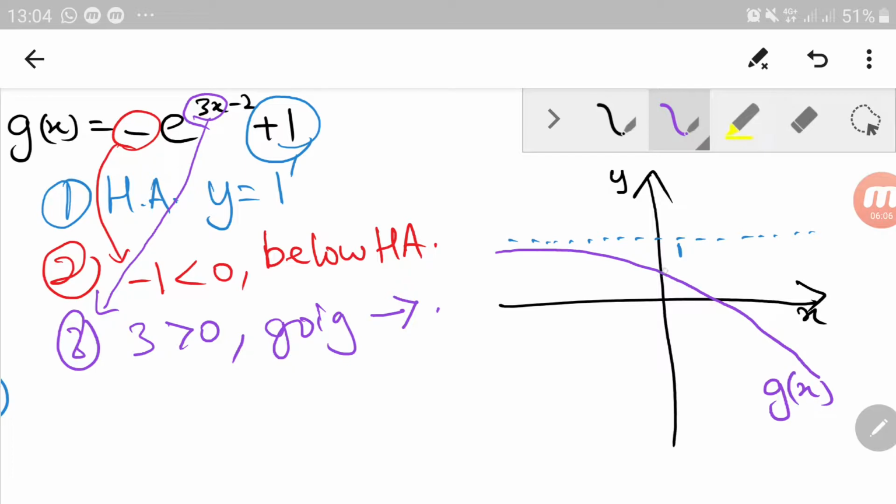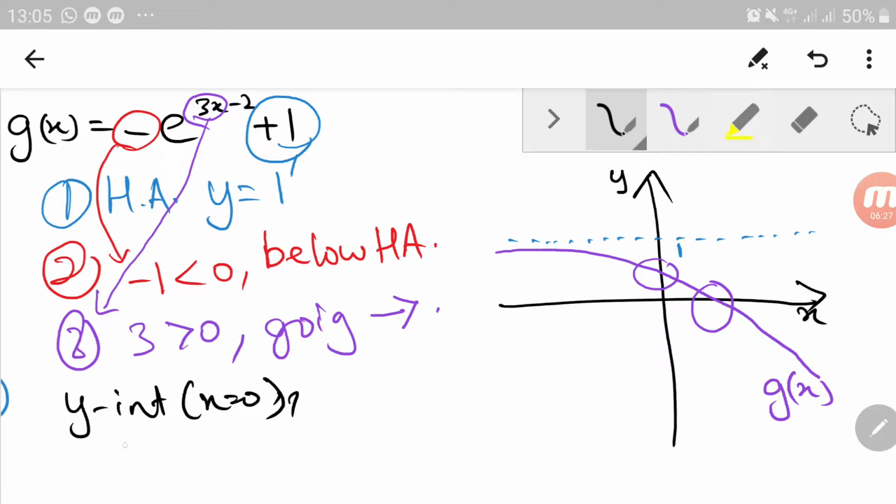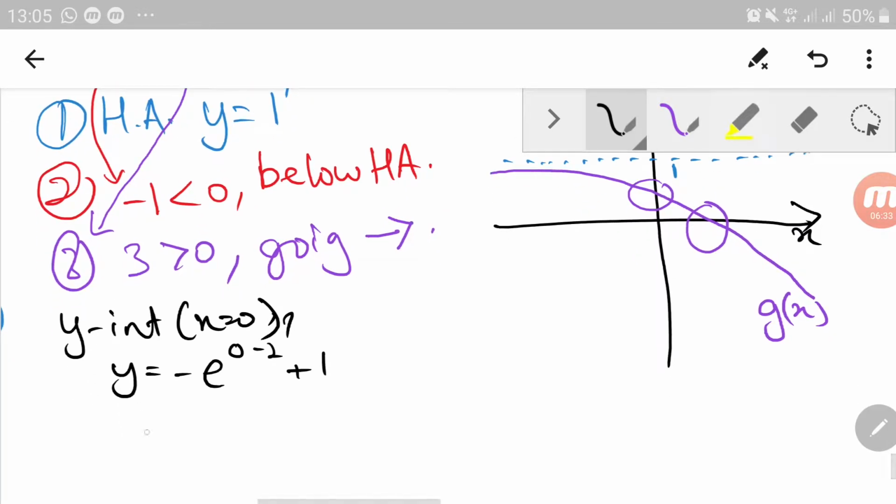Now, how do I know it's going there and going there? We need to find the x-intercept and y-intercept. But since this is an exponent, I advise you to find y first. So the y-intercept is when x is 0. So y equals minus e^(0 minus 2) plus 1.